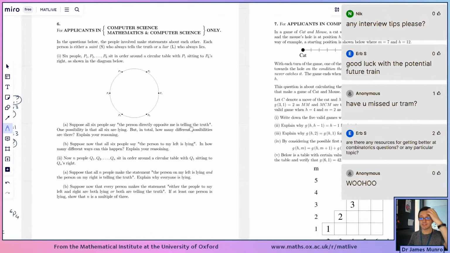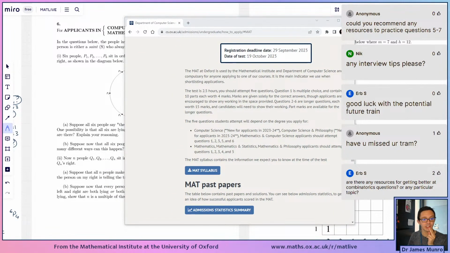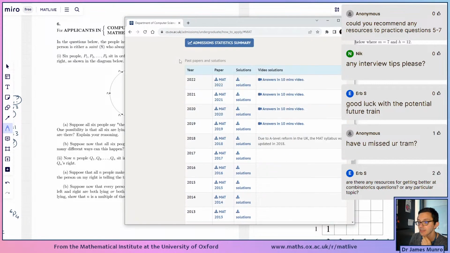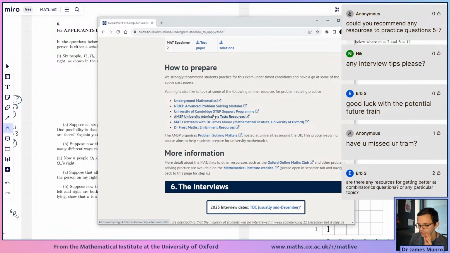So practicing 5, 6 and 7, resources that I'd like to recommend at the CS website. So to find this, I've searched for cs.ox.ac.uk and navigated their website a bit. They've got some suggestions on how to prepare, including the standard ones that I also recommend.